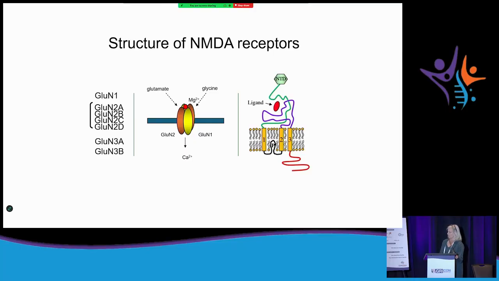Now, we've already heard about NMDA receptors, so I won't belabor this, but just to point out a few things on this depiction, NMDA receptors are heterotetramers, two GluN1s, typically two GluN2s. Our group has focused on 2B and also 2A. These GluN2 subunits are highly expressed in hippocampus and cortex.